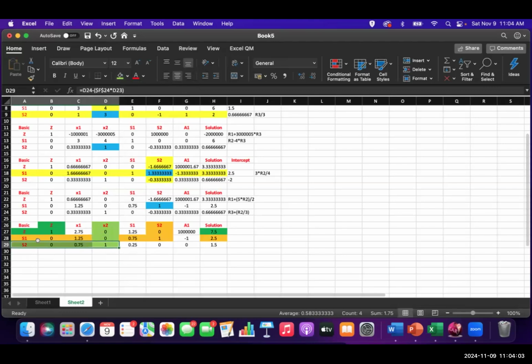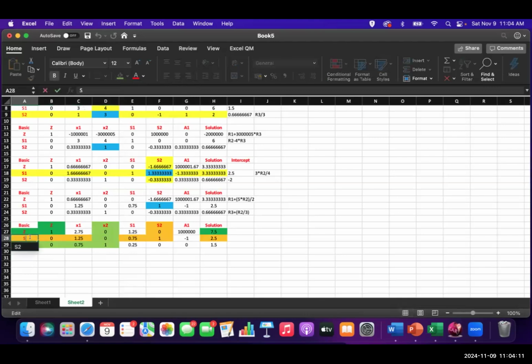Sorry, I didn't change the labels. You can see it anyway. The first row is Z, the second is S2, so this one would become S2. And then this is X2. You can tell which row it is: first row is Z, second is S2, third is X2. So there you can see our basic variables. And all other non-basic variables will be 0.